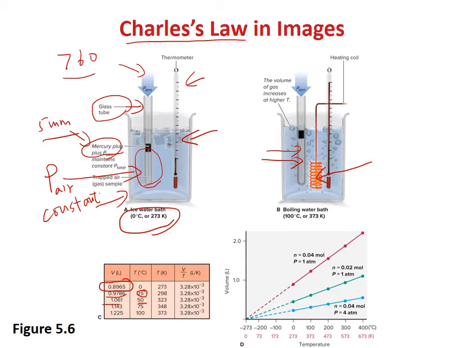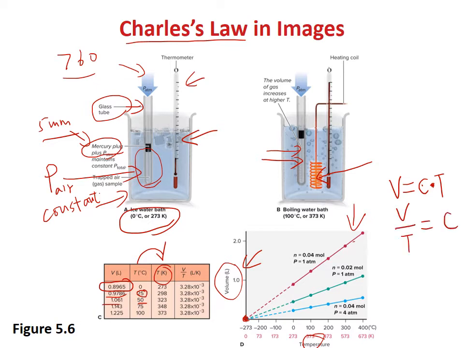Okay, when the temperature is converted to absolute temperature, Kelvin, and we plot volume against absolute temperature, we get a straight line that goes through 0 Kelvin. So volume here is proportional to absolute temperature times a constant. So C is a constant. Or we can say volume divided by temperature is a constant.